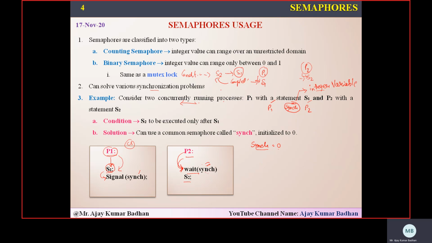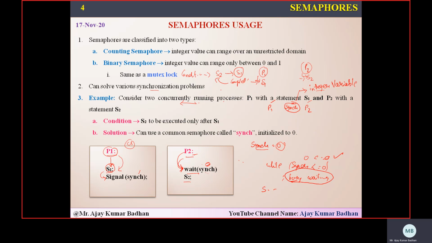What is the value of sync? 0. Now I think you know the condition: while sync is less than or equal to 0, what do you have to do? Wait. Else S minus minus. Since the value is 0, 0 is less than or equal to 0, the condition is satisfied, meaning someone is already using the critical section. Then what does the process P2 have to do?